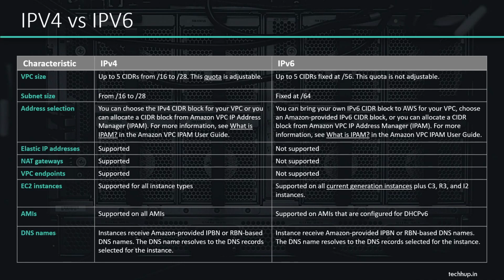Similarly, say for example, if you want to use IPv6 for elastic IP addresses, it is not supported, whereas IPv4 is supported for elastic IP addresses, NAT Gateway, and VPC endpoints, whereas you will see that IPv6 is not supported for these networking components. So you can have this table as a quick reference for IPv4 and IPv6 application.